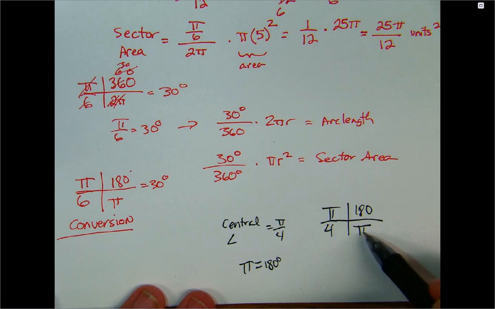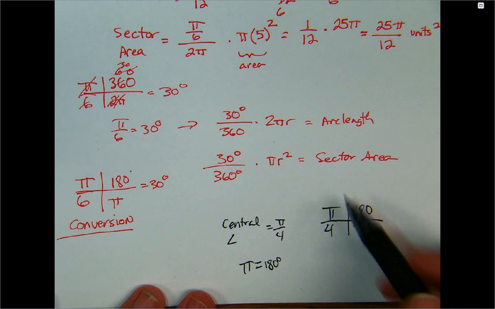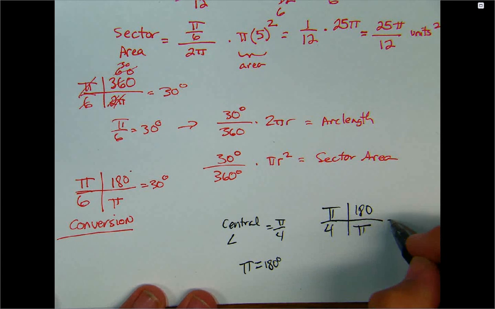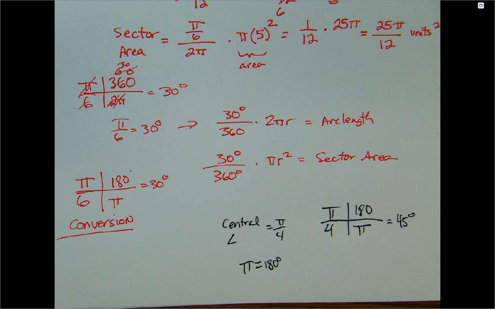So if you wanted to do that, you can. That's your option. Then you can use 45 divided by 360 if you wanted to do it that way. Doesn't matter to me. But I wanted to show you that you can convert and still use what you need to use.